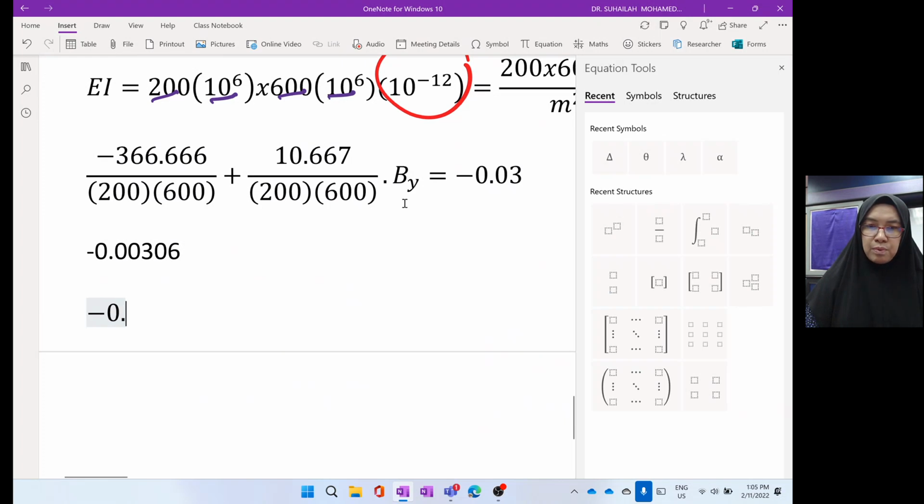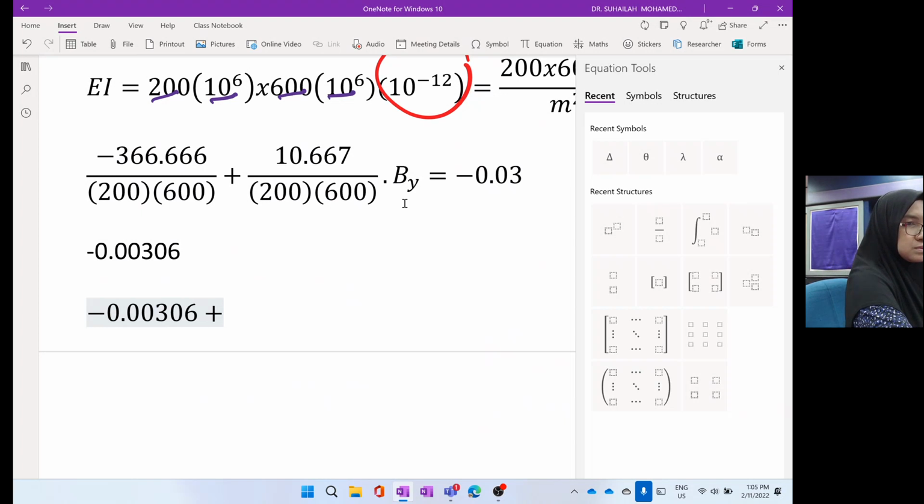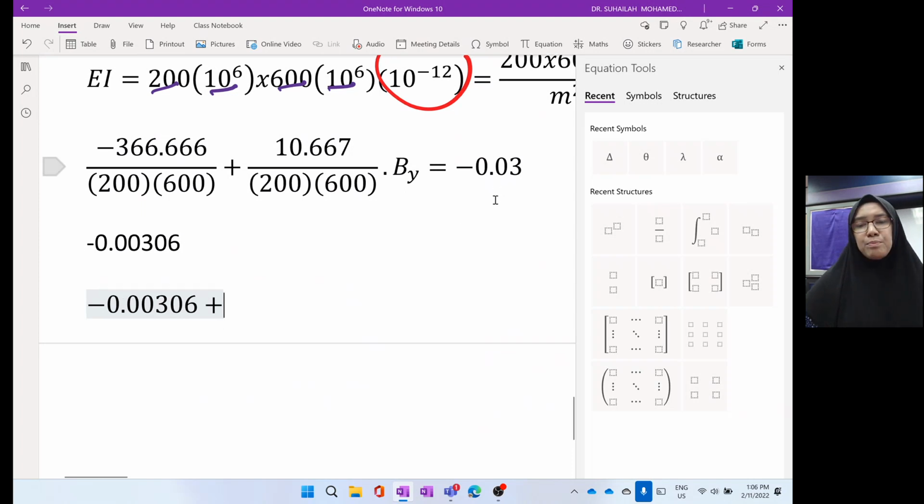Negative 0.000306 plus berapa tu? 10.667 divide by 200 and 600. Dapat apa? 8.89.